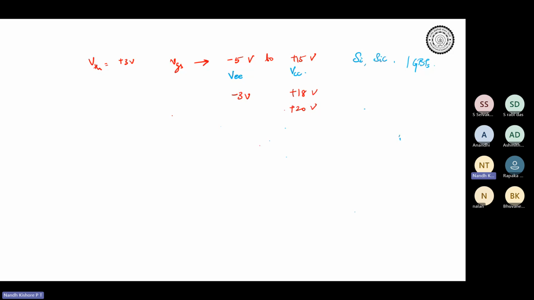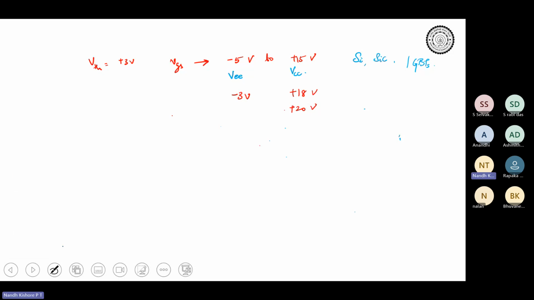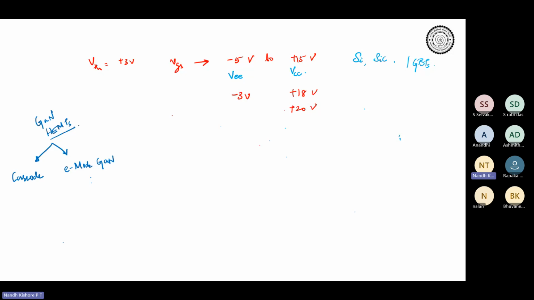However, for gallium nitride devices, or GaN devices, as we call them, right? Okay, so in GaN devices, you read about it in week number 1. You have devices which are in cascode configuration, and you also have direct E-mode GaN, correct?